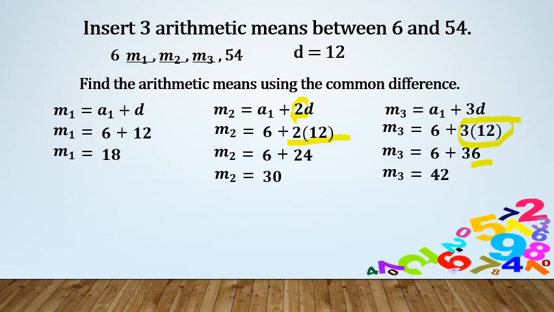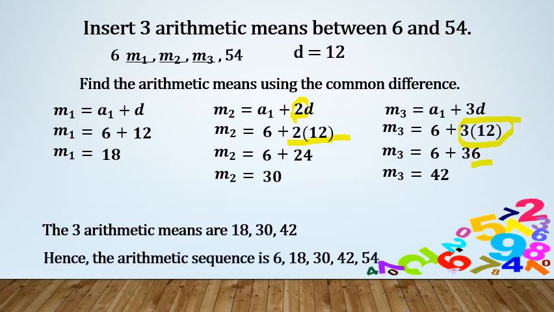M sub 3 equals 42. 6 plus 36 equals 42. Therefore, the three arithmetic means are 18, 30, and 42. Hence, the arithmetic sequence is 6, 18, 30, 42, 54.